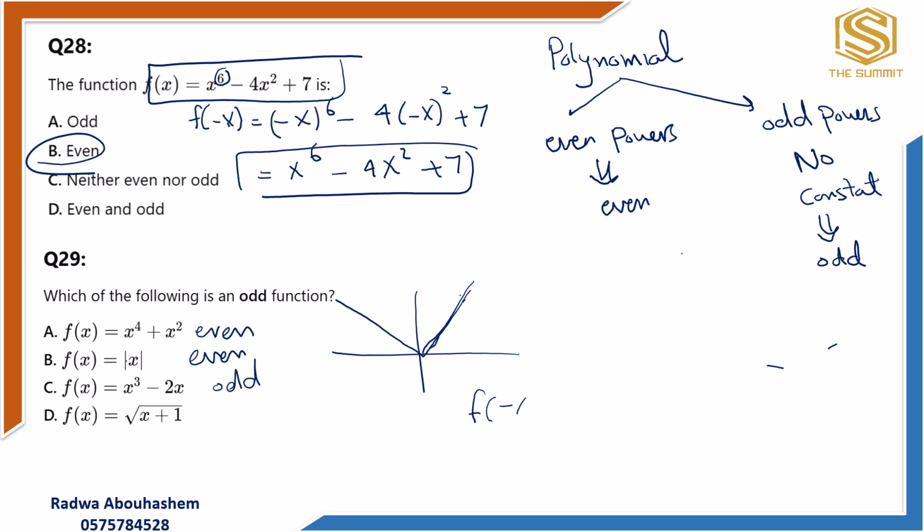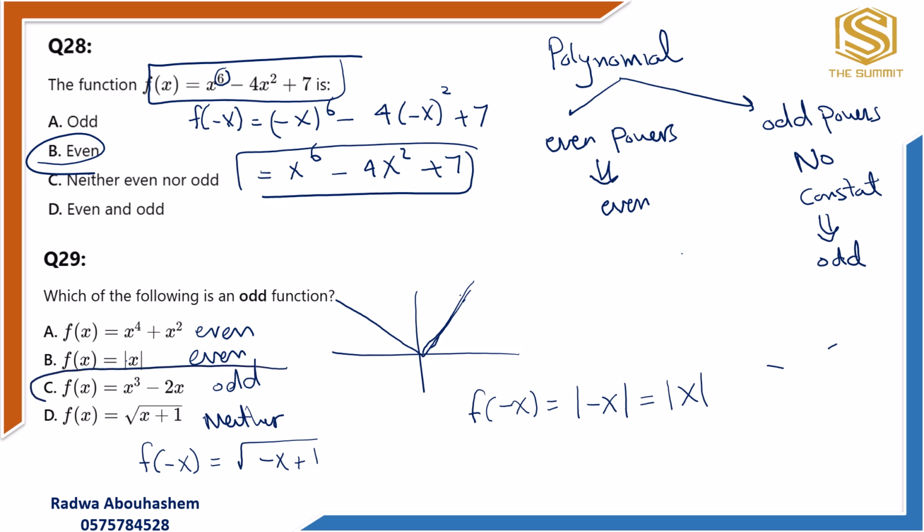So function of negative x would be the absolute value of negative x. Again, it gives me x, still the same. So it's even. So here, let me check the last one. Actually, it's not the same. So it's neither. So the only choice I have here is C.